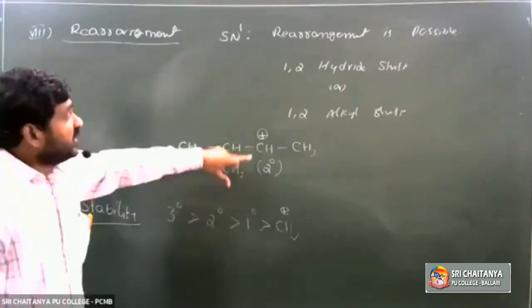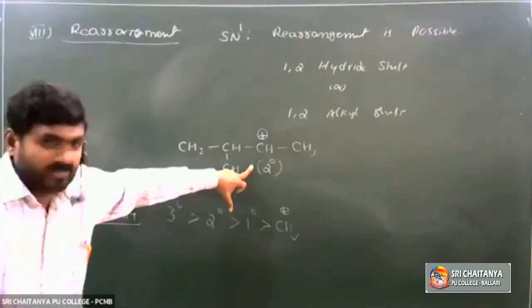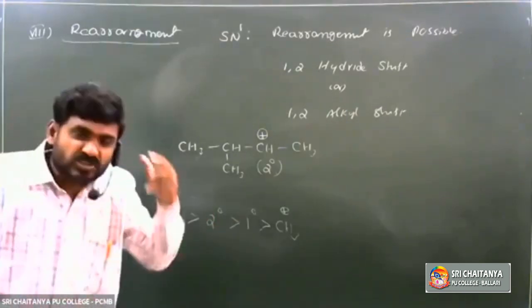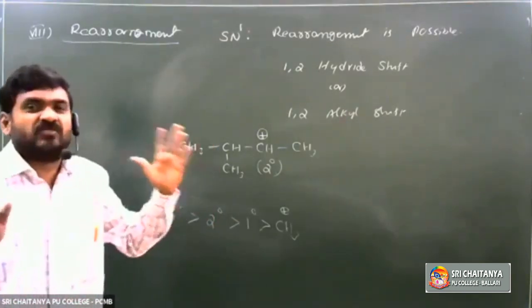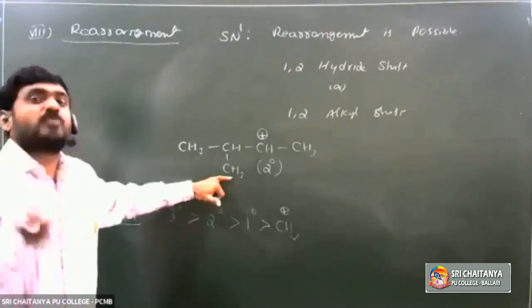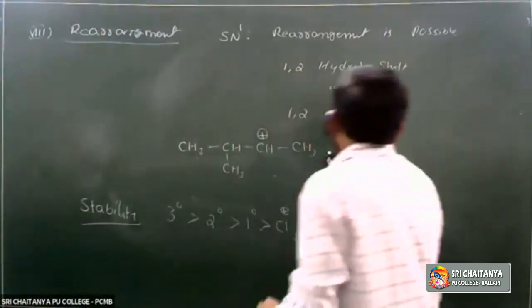So in an SN1 reaction, if rearrangement is possible, a more stable carbocation is formed, and so the rearrangement takes place.